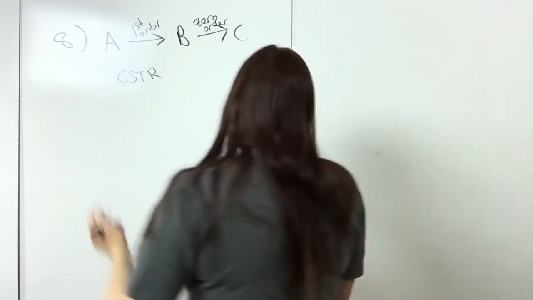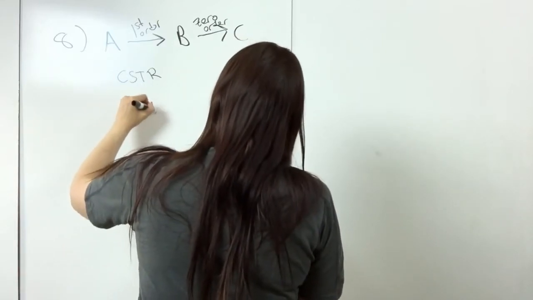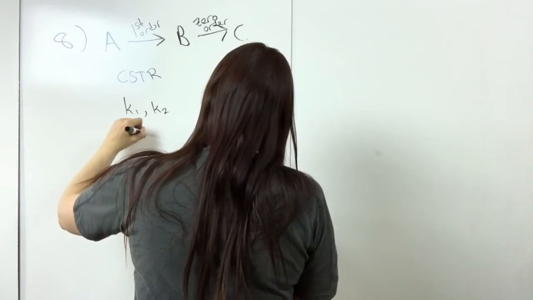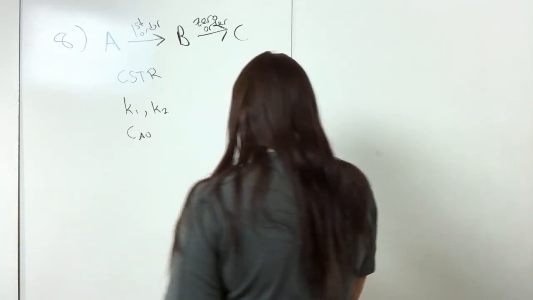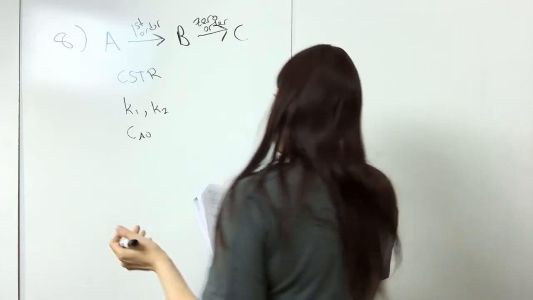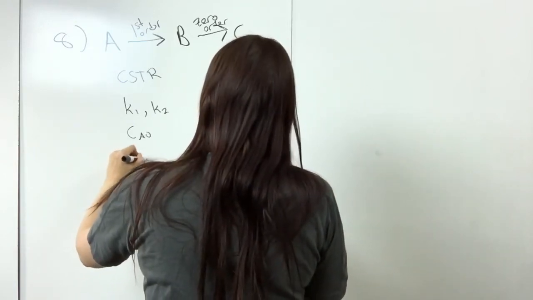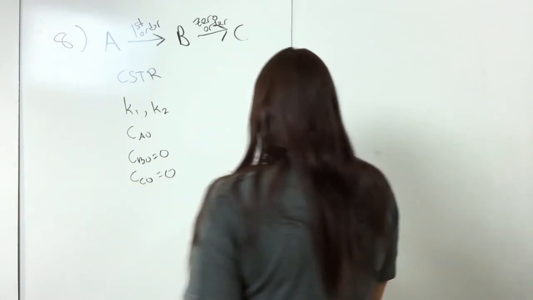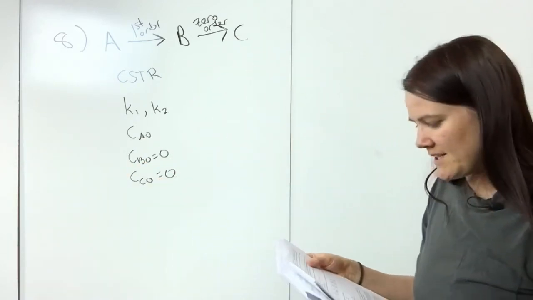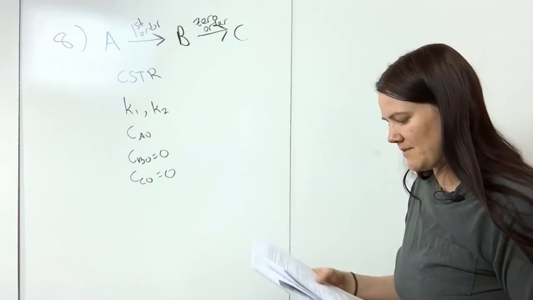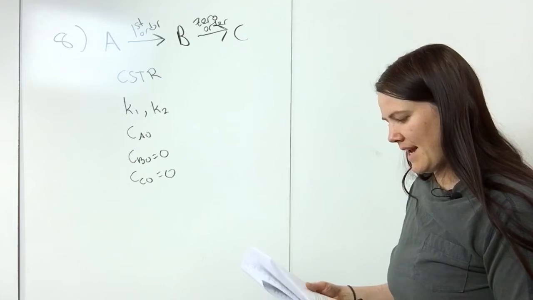You have the rate constants K1 and K2, and you have CA naught. Assume that the concentrations of B and C in the reactor entrance stream are 0, so CB naught equals 0 and CC naught equals 0. So really we just need to derive the concentrations of A and B as a function of residence time tau.